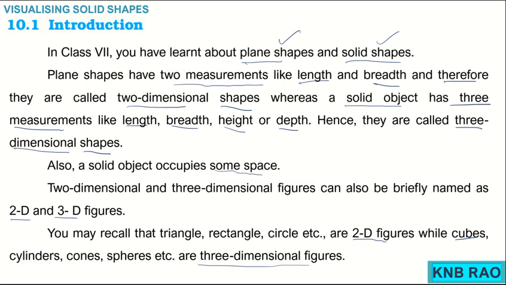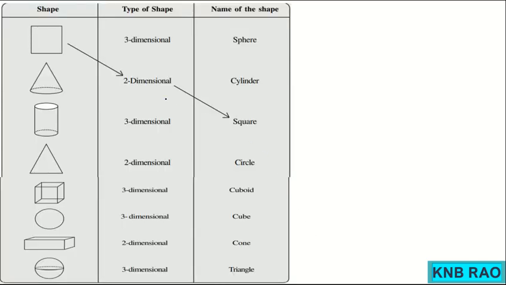Now, in today's revision, we will do some exercise of matching these shapes with their type of shape and name of the shape and how it physically looks. Let us take a table.